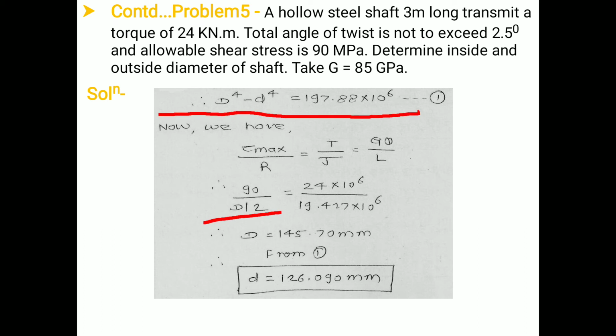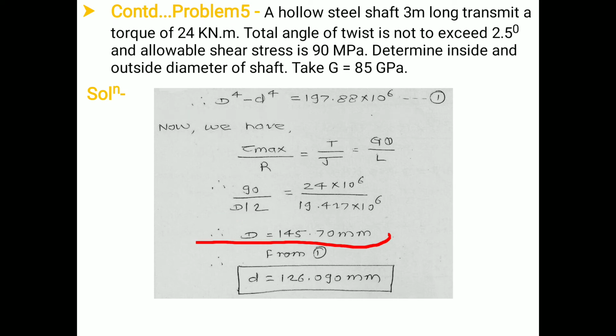The value of T is 24 into 10 raised to 6 and J is 19.427 into 10 raised to 6. So from this equation we will have capital D is equal to 145.70 mm. So in this manner by using the torsional formula we have capital D is equal to 145.70 mm.